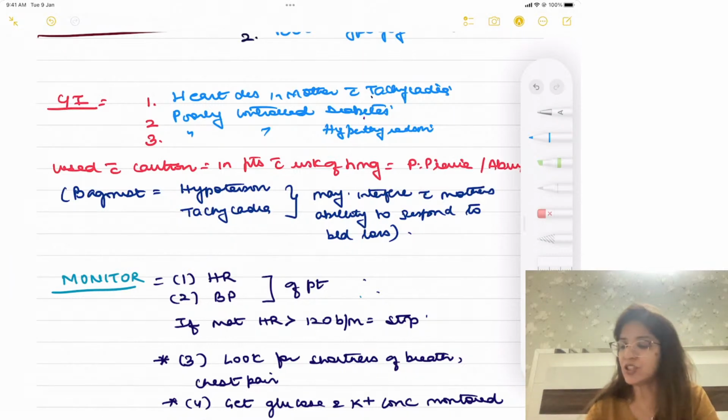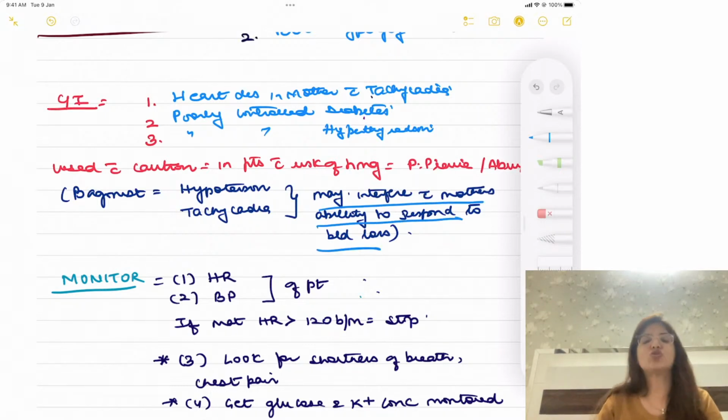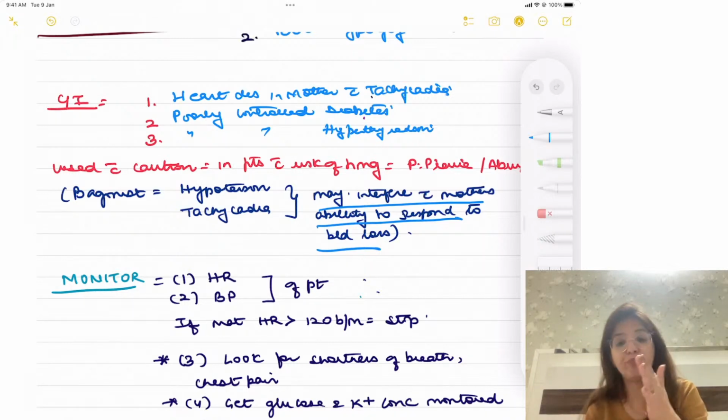So this may interfere with the mother's ability to respond to blood loss. In patients with placenta previa and abruptio, you have to use beta 2 agonist very carefully, because the mother's ability to respond to blood loss may be interfered with due to hypotension and tachycardia brought about by beta 2 agonist.